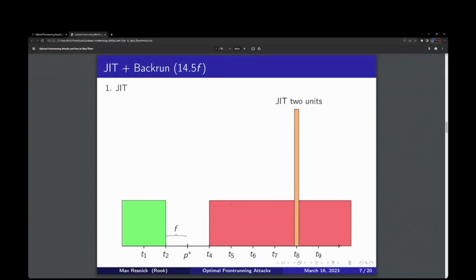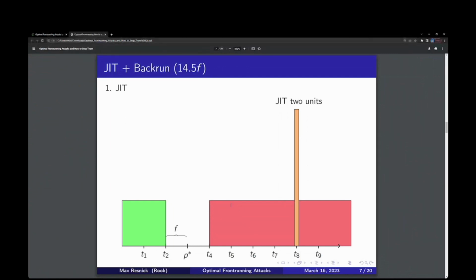So it's hard to do on a Uni V2 pool, where you need like $600 million of liquidity. On a Uni V3 pool, it's very easy because the liquidity is so concentrated that you can just put it all on a single tick and then overpower everybody else who's on that tick.